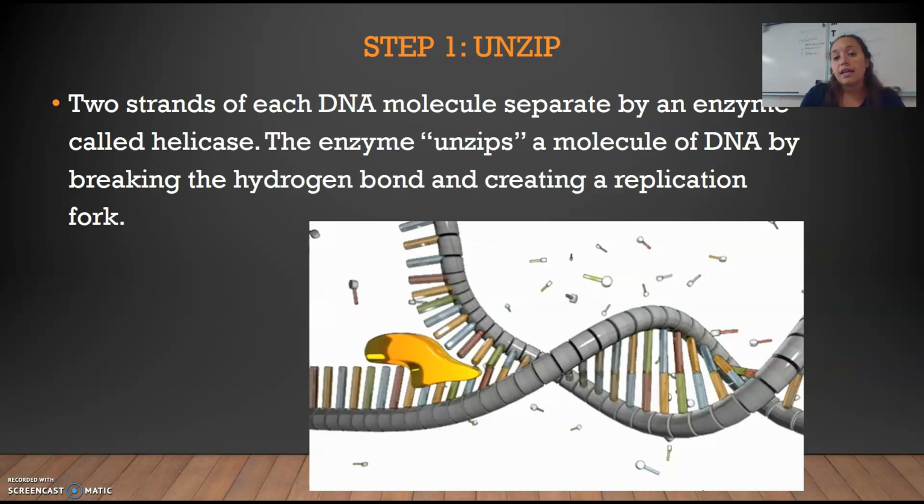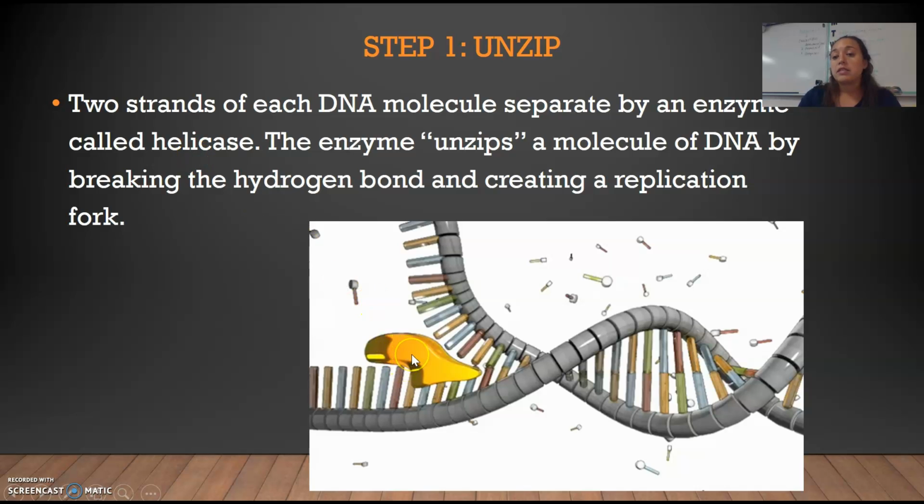So while it's in the S phase, step 1, yesterday you guys built this. So imagine those staples breaking. You used the staple to create the hydrogen bond that bonds the two bases, the adenine and thymine, and the guanine and cytosine. The two strands of each DNA molecule will separate by an enzyme called helicase. So helicase is an enzyme.